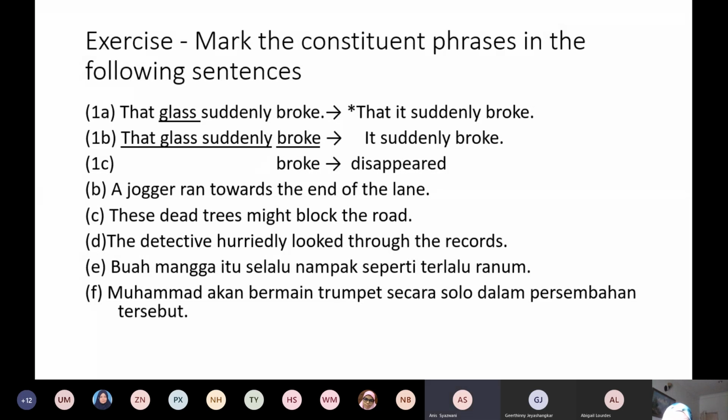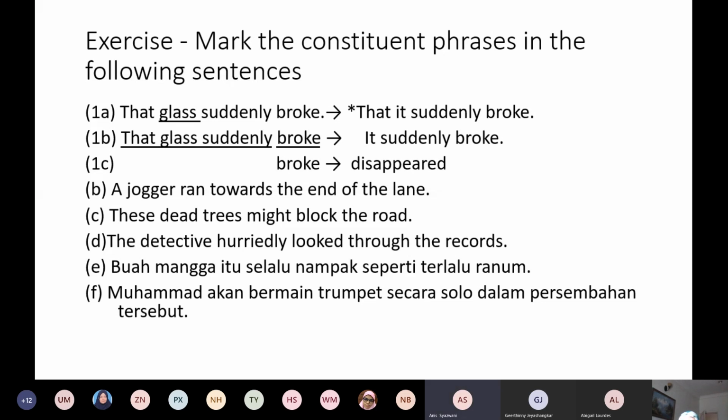Dia nak phrases, constituent phrases. So okay, kita ada subjek frasa nama, lepas tu akan bermain trumpet secara solo dalam persembahan tersebut, frasa kerja. Tapi dalam frasa kerja tu kita boleh ambil trumpet secara solo dalam persembahan tersebut. Kita pergi kepada frasa kerja lah.